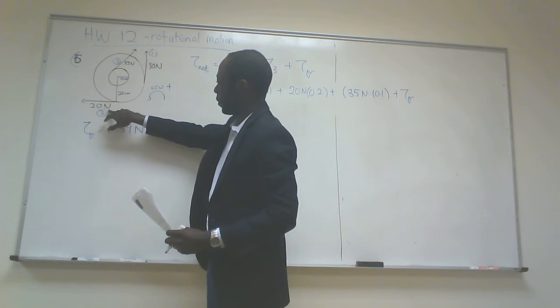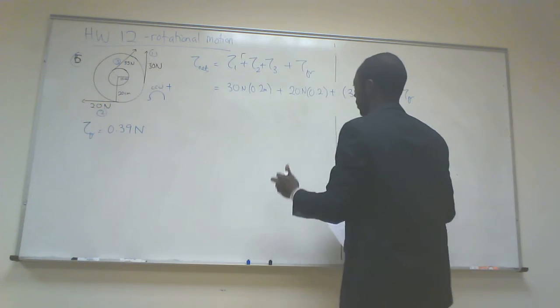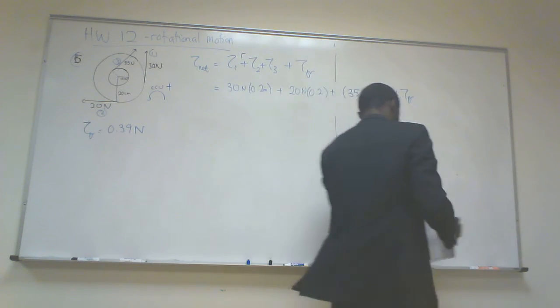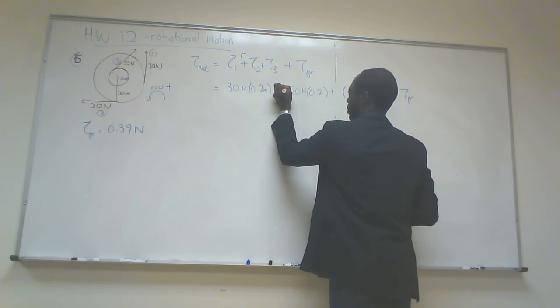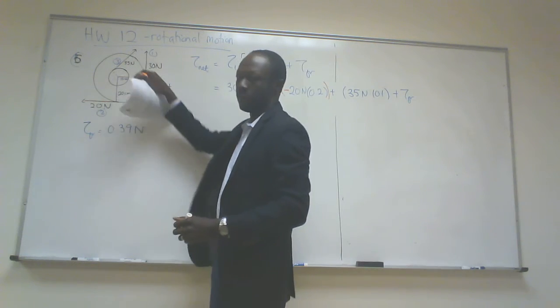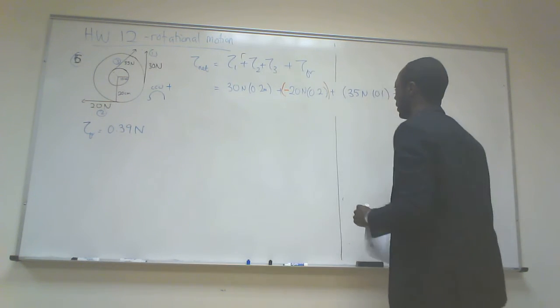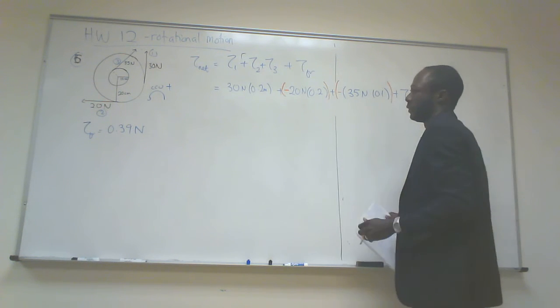The 20 Newton torque here is giving us a clockwise rotation, so this should be negative. And the 35 Newton force is also giving us a negative rotation, so this expression should also be negative.